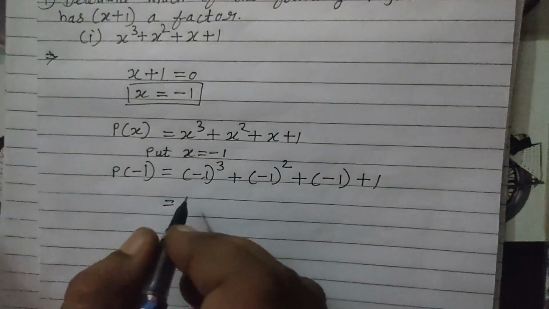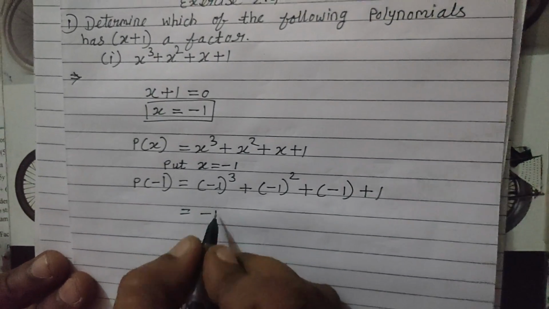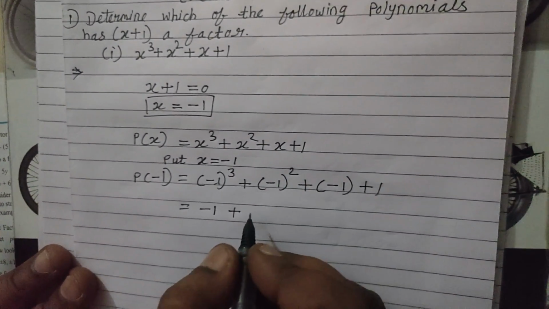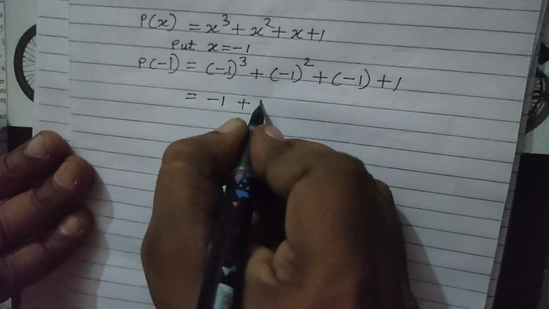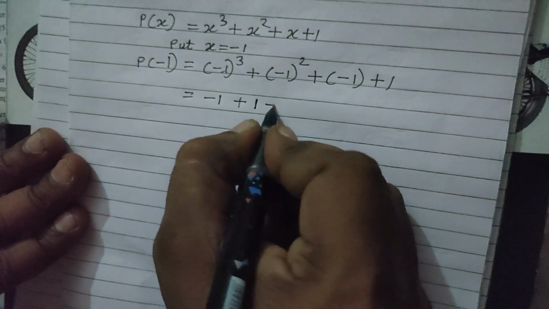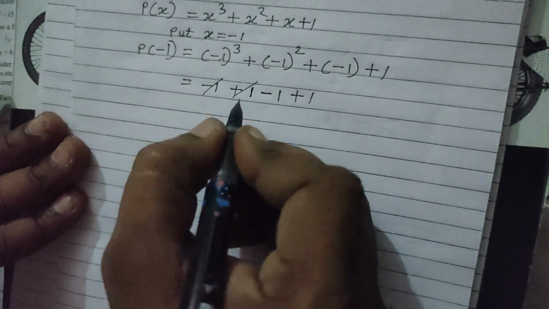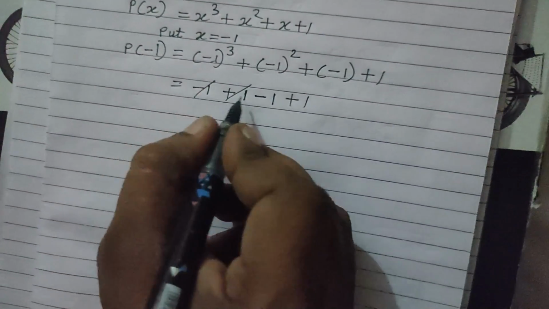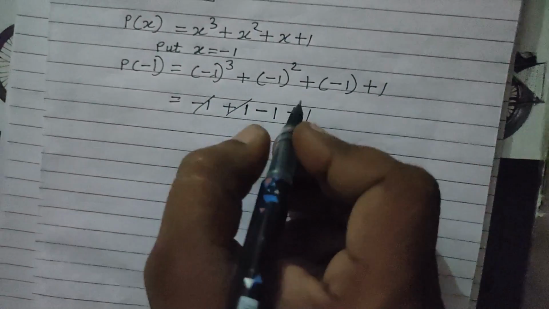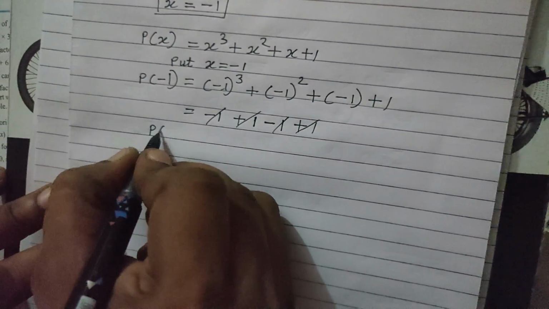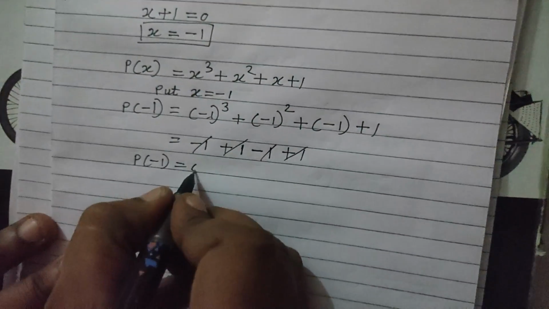Now minus 1 cube will be minus 1, as I told you that day, plus minus 1 square will be minus 1 into minus 1, that is 1, then plus into minus is minus 1, and here plus 1. Here minus 1 plus 1 will cancel because same digit with different sign cancels. In the same way minus 1 plus 1 will cancel. So p of minus 1 is equal to 0.